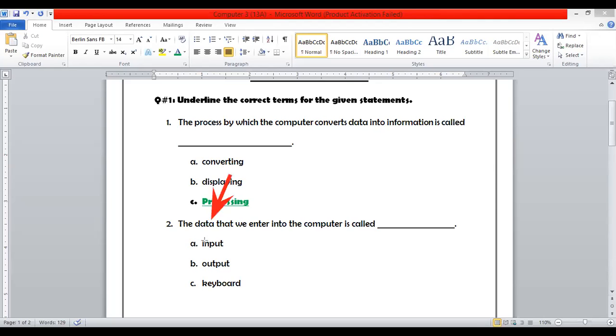See, I am just saying that we are talking about the data, not the device. It is a hint. Keyboard is just a device, so it is not an option. Only two options are left. Pick the hint, please: the data.